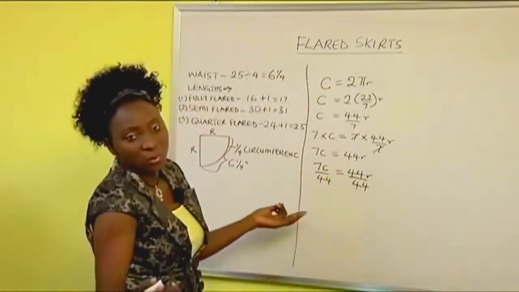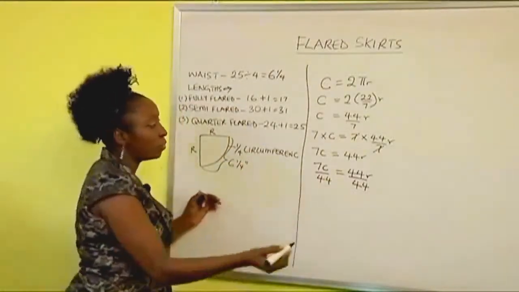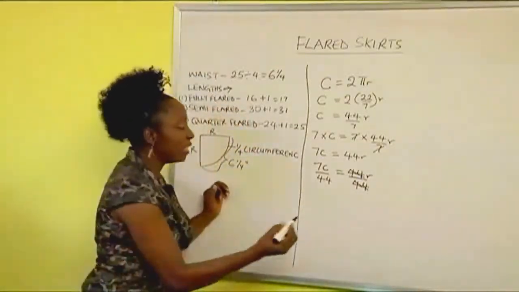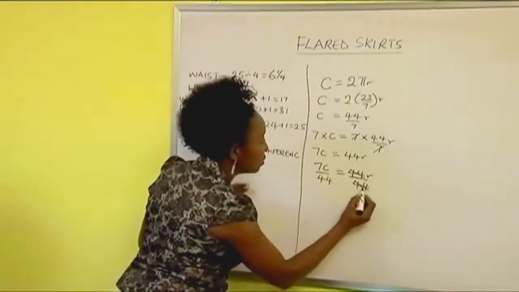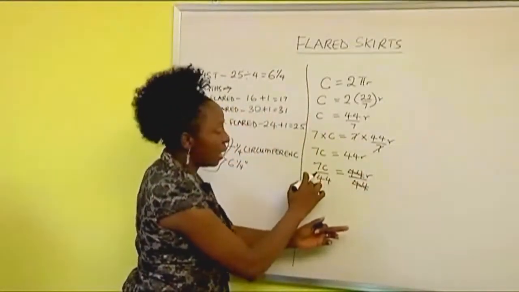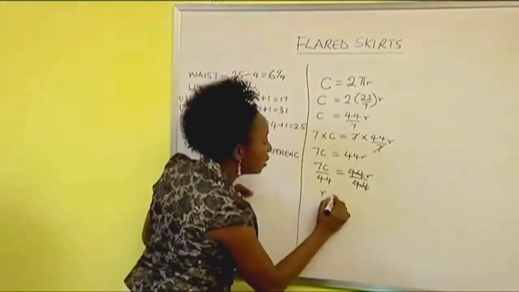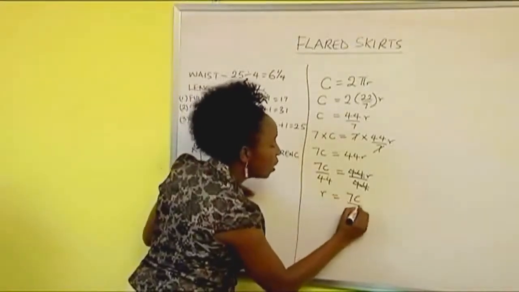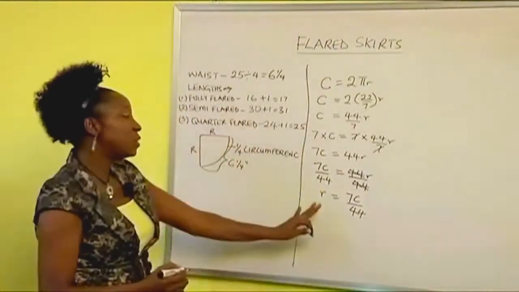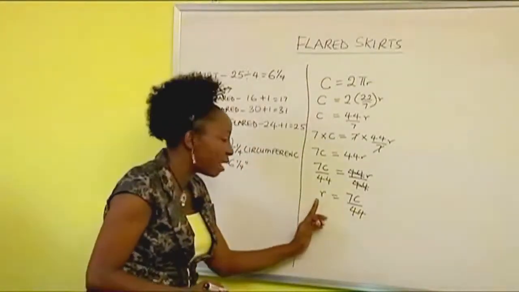Now, once I've done this, I just cancel 44 with 44, and then what I'm left with is r. You can see that. So now I'll change this to the other side, and that will be r equals 7C/44. Easy.